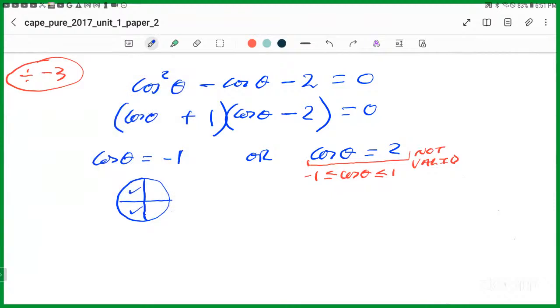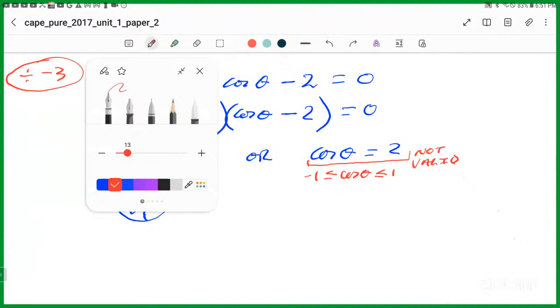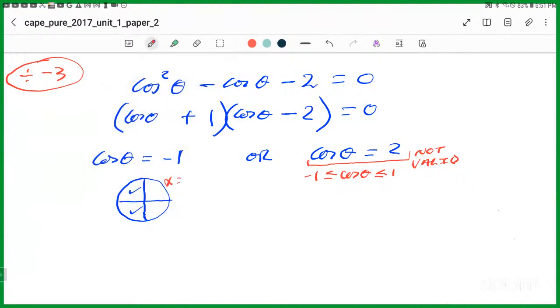So the alpha that we want, the principal acute angle, will be cos to the minus 1 of the positive of this. We'll put the negative together, alpha and the positive. The negative is taken care of by you picking 2 quadrants where cos is negative. The principal acute angle is cos minus 1 of 1.